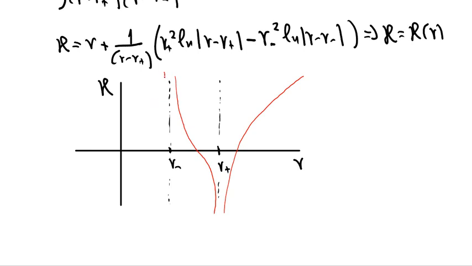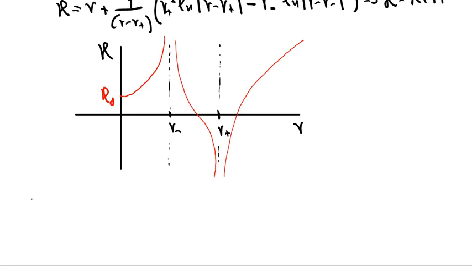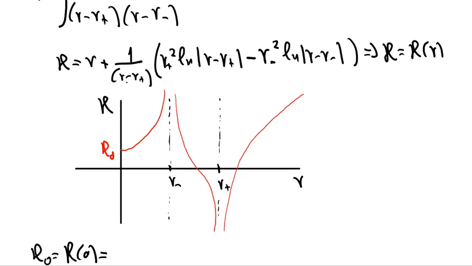Here this goes to some value called r naught, and the explicit expression of r naught is the value of big R when small r is equal to 0, and you get that from the explicit expression which we have. Sorry, this is r plus minus r minus.